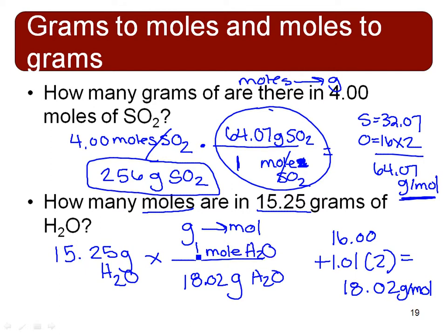So in this step, from grams to moles, you cannot have a number higher than 1. It's going to be 1 every time. Grams cancel, and now if we divide 15.25 by 18.02, we get 0.8463 moles of water.